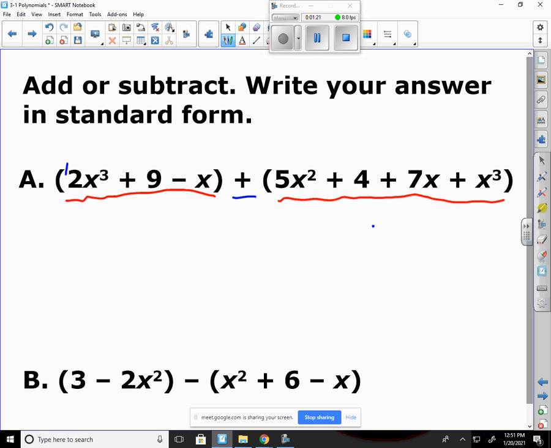So this 2x to the third would combine with the x to the third. I don't have anything that's x squared in the first one. So then my other ones are going to combine. The x and the 7x will combine. And then the 4 and the 9.